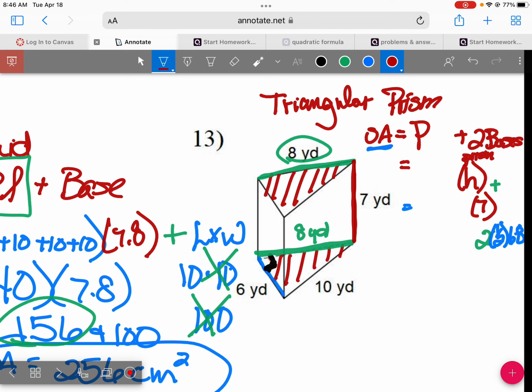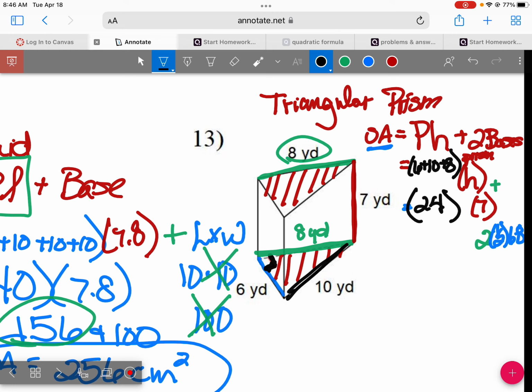Perimeter times the height. So the perimeter is the distance around, which is a little different. That is going to be 6 plus 10 plus 8. 6 plus 10 is 16 plus 8 is 24 times your height of 7.